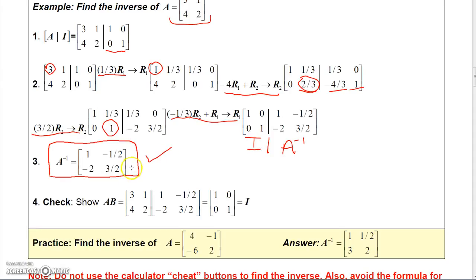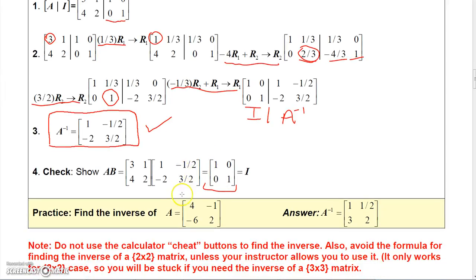So this would be the inverse of the matrix A, and you're welcome to check it by multiplying these two matrices together, because if they're inverses, their product should equal the 2 by 2 identity matrix. There's a practice problem down here that you can try on this.